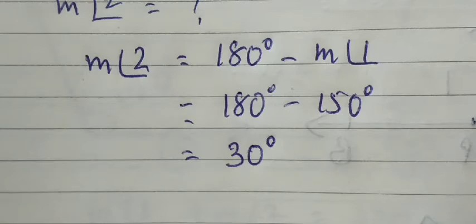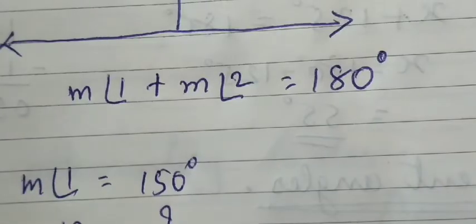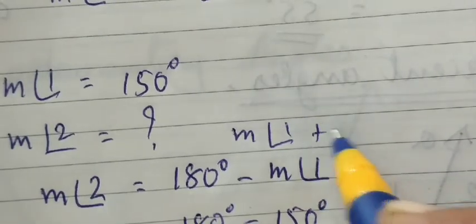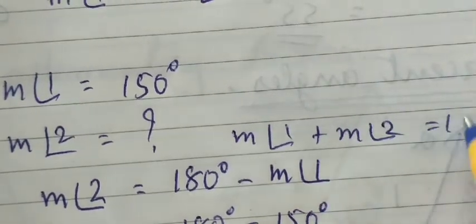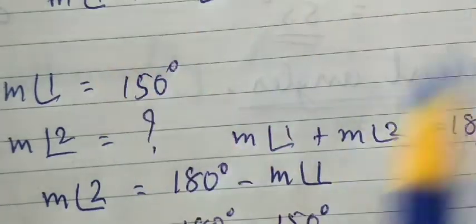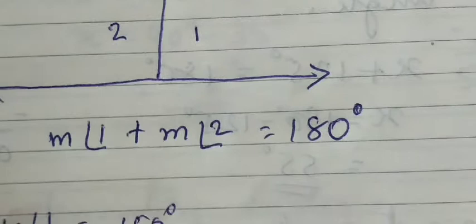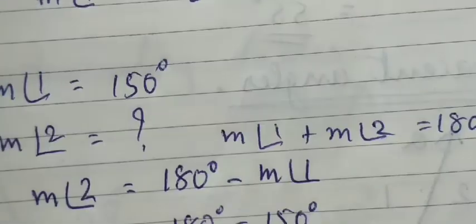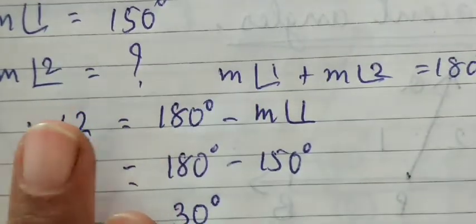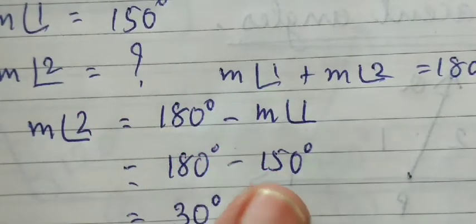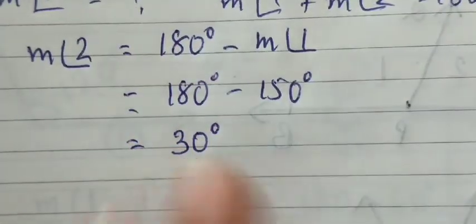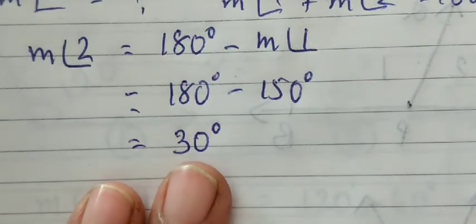Is that clear, children? Hope you have understood. It's very simple. Measure angle 1 plus measure angle 2 gives you 180 degree in linear pair. If either of the angles is given to you, then to find the other angle, you will subtract the given angle from 180 degree and you will get the answer.